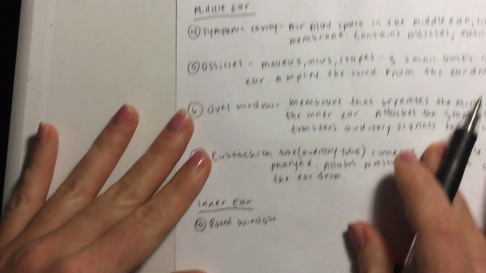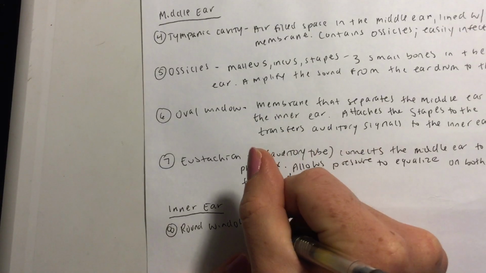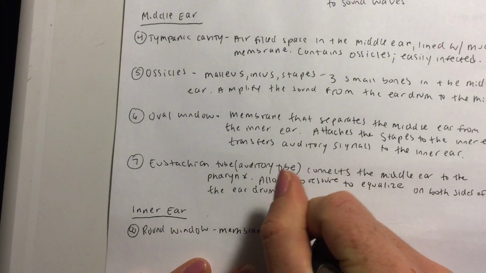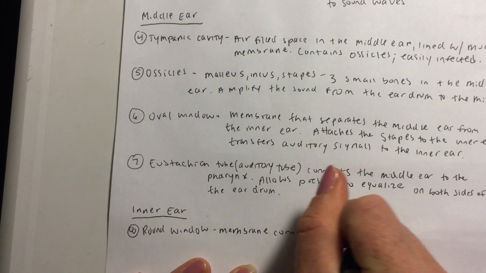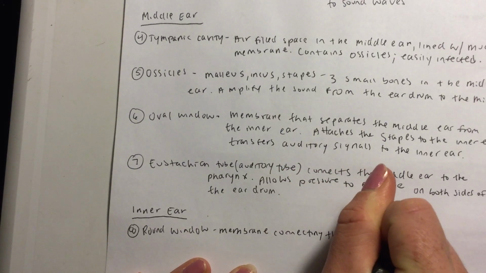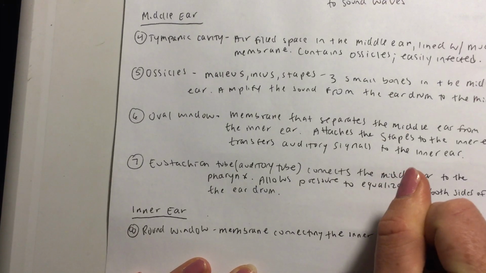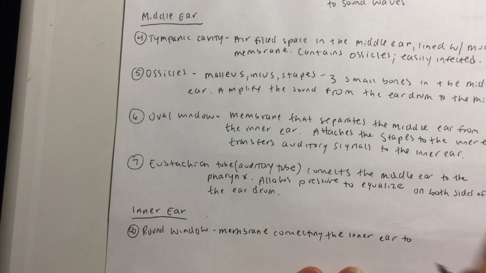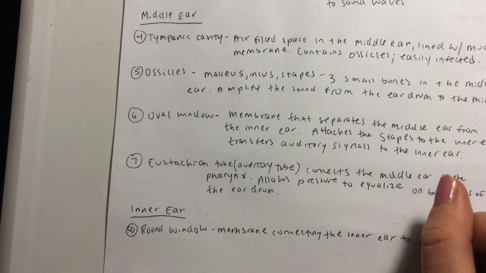So let's see. The round window is a membrane connecting the inner ear to the tympanic cavity.